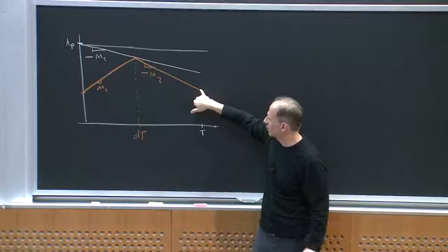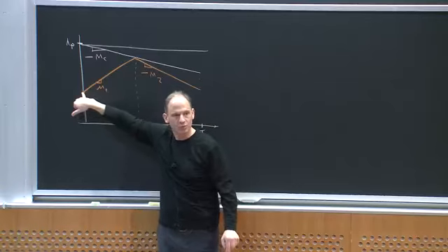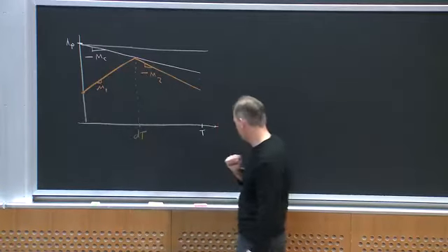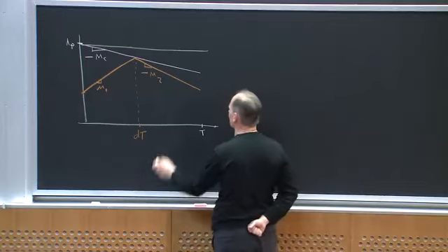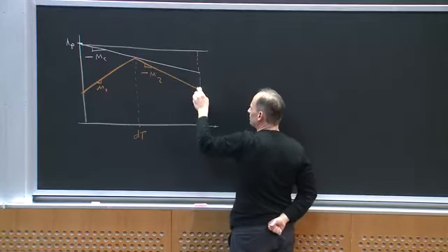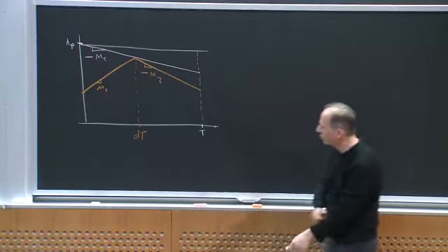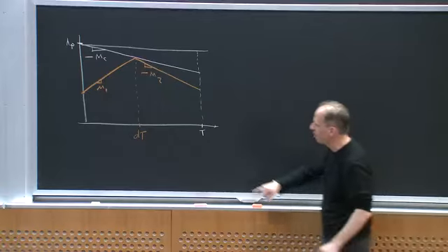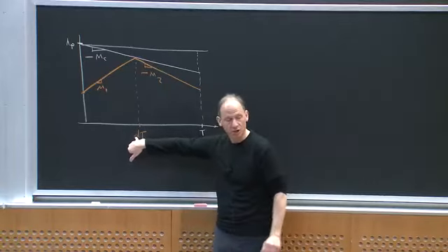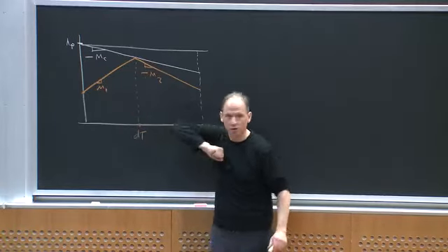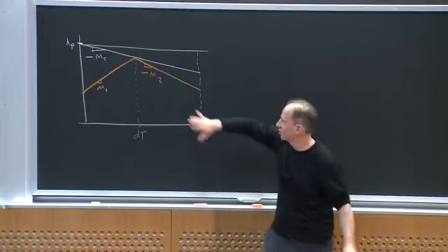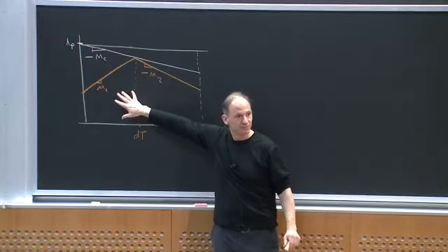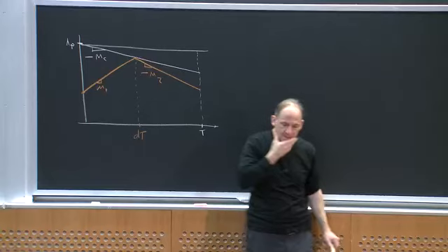I'm not necessarily saying this endpoint is the same as this starting point, right? So this is sort of a dynamic picture of what happens over one cycle, okay? And what I want to do is relate this duty ratio in this cycle to what the local average of the inductor current is, okay?